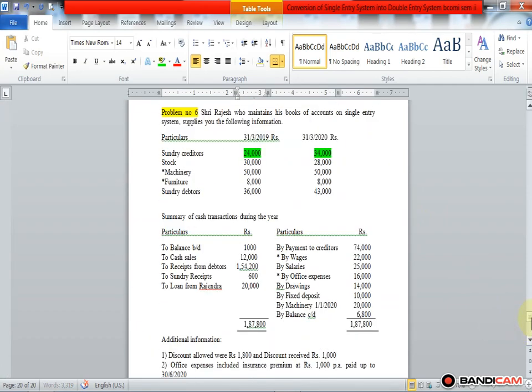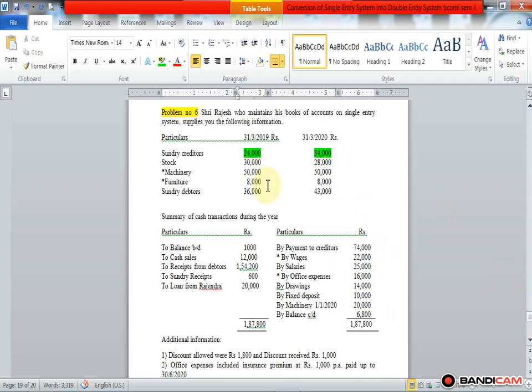Then stock, opening stock, closing stock. So stock has always four effects. First effect, opening stock is transferred to the trading account debit side, as well as opening balance sheet asset side, and closing stock is transferred to trading account credit side as well as closing balance sheet asset side.